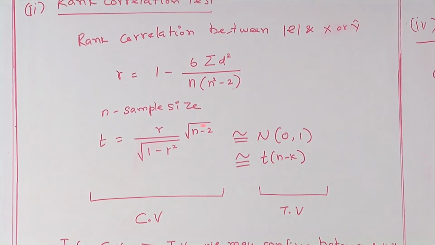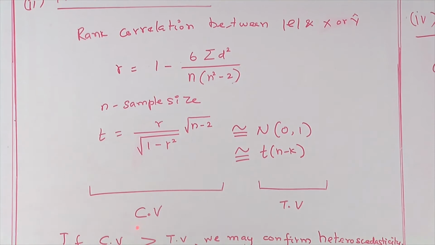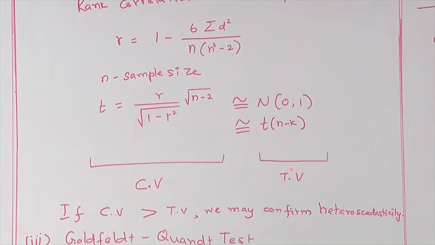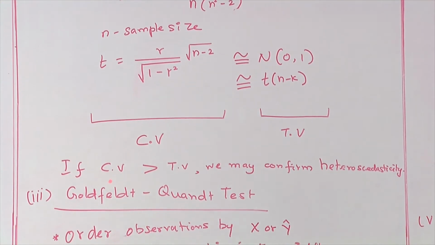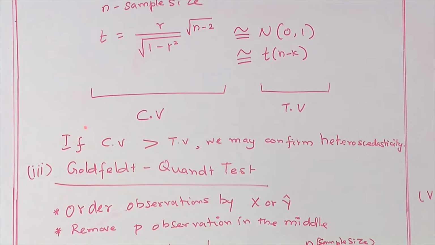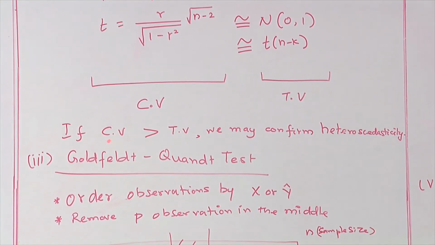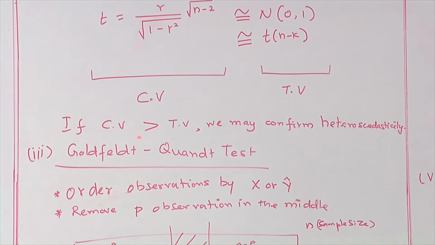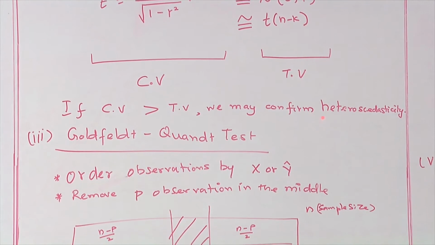So, we have the calculated value based on this, and the table value based on these distributions. You can find the table value according to the level of significance and the degrees of freedom. We may confirm the presence of heteroscedasticity with a simple decision rule. If the calculated value is higher than the table value, we may confirm the presence of heteroscedasticity.